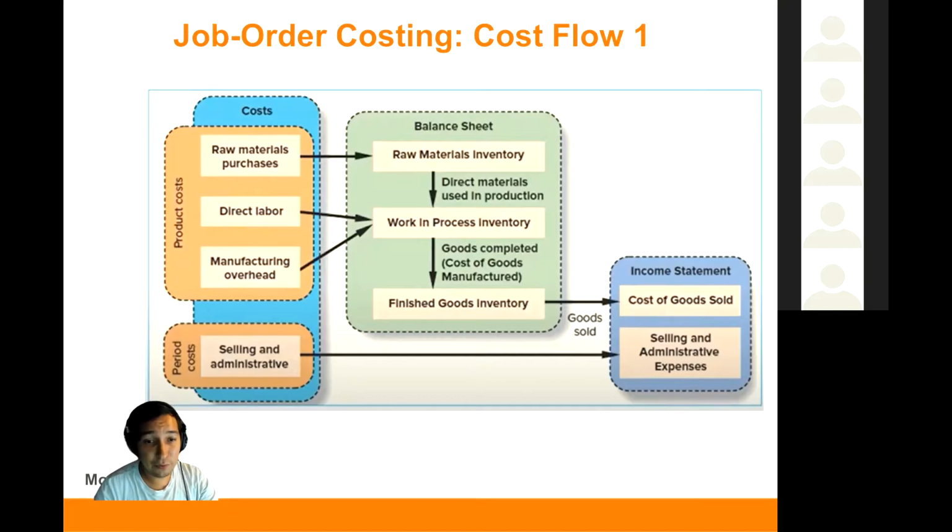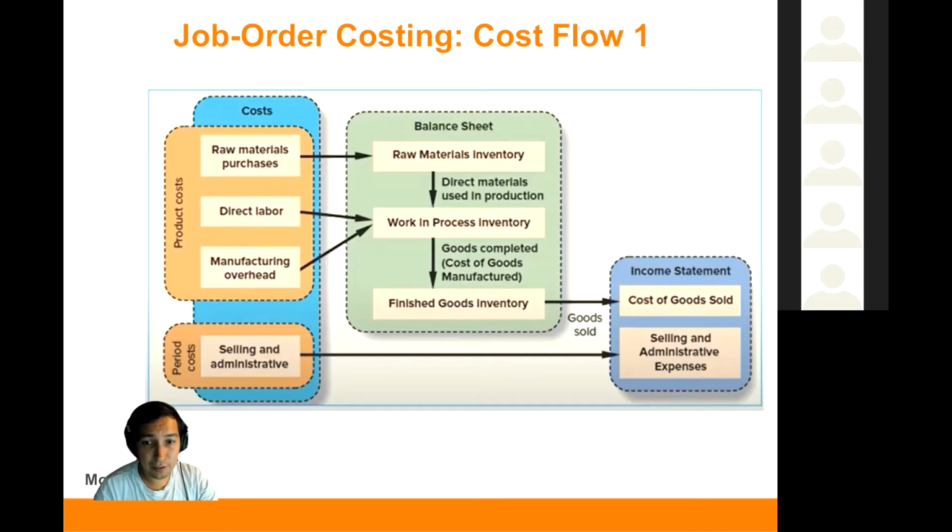And they move into the WIP. And then we add in our direct labor and our MO also into WIP inventory. And then when we're done working on that product, it goes from WIP into finished goods inventory. There is a little note here where it says goods completed, cost of goods manufactured.